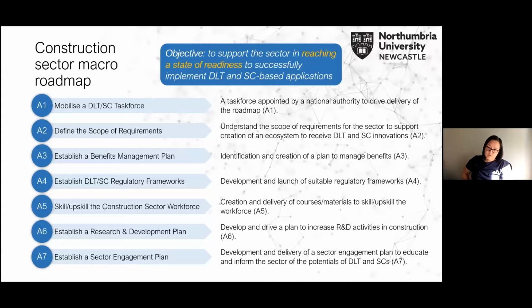Of course, regulatory environments are key, and I think that was mentioned by Martin as well. Skilling of the workforce, bringing in new people, and how you actually create and deliver courses across the sector for that. And something that we're particularly bad at as a sector is research and development. So it's creating a plan for research and development and actually implementing that and building that into the ethos of the sector going forward.